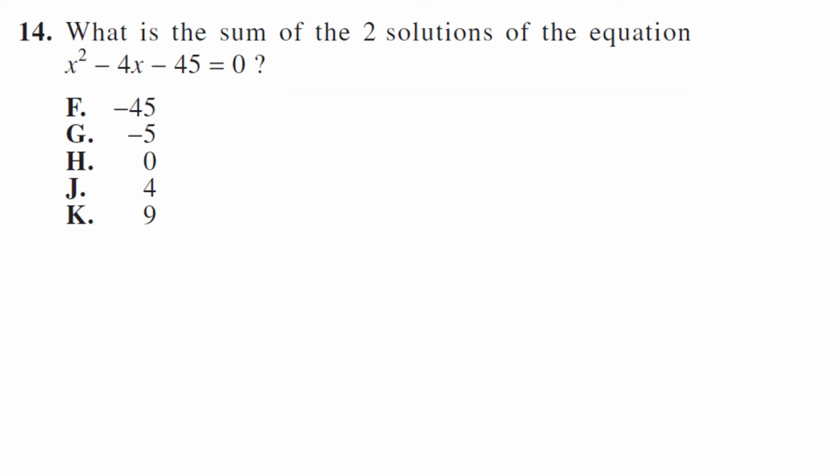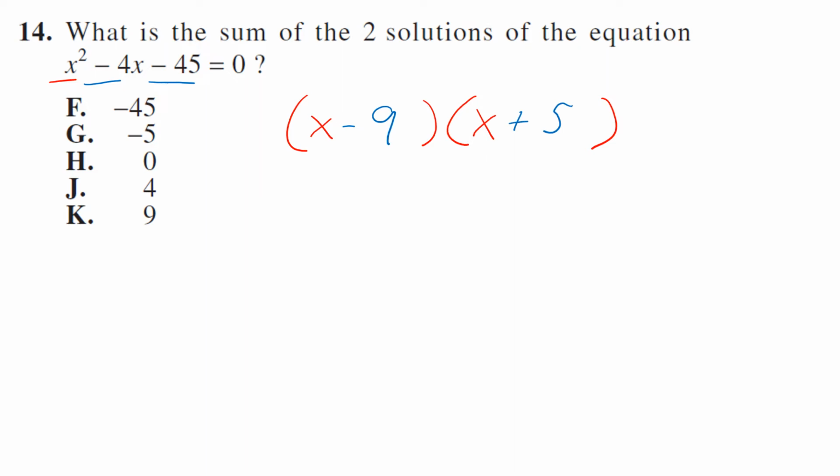What is the sum of the two solutions of this equation? So we have x squared, so we're going to have x, we have another x, right? So that's going to give us x squared. Let's look at this negative 45, and then we have a negative here. So I'm going to say 9 and 5, and since it's negative, I'm going to go x minus 9, x plus 5.